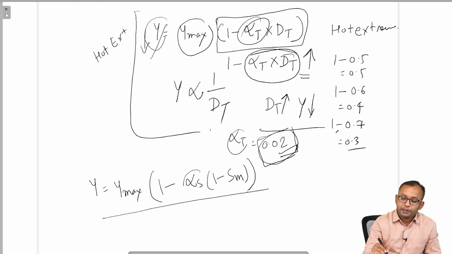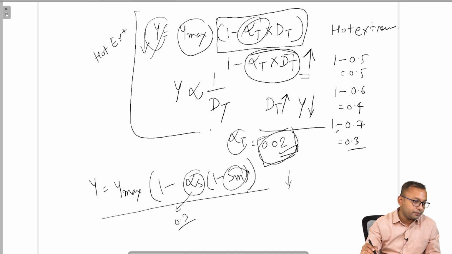Here it is depending upon the alpha s, we have used alpha s is equal to 0.3, okay, and the Sm. So as the Sm is decreasing, okay, so basically this value 1 minus Sm will increase, and then you will have higher values.